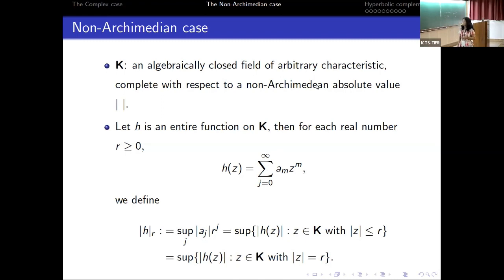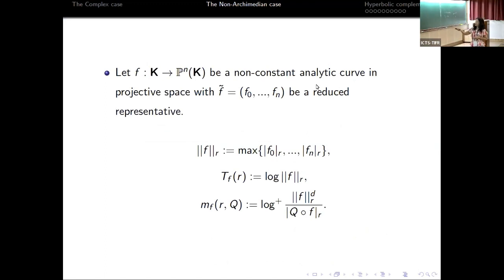Then everything follows the complex case step by step. We also define the characteristic function, proximity function, and counting function.